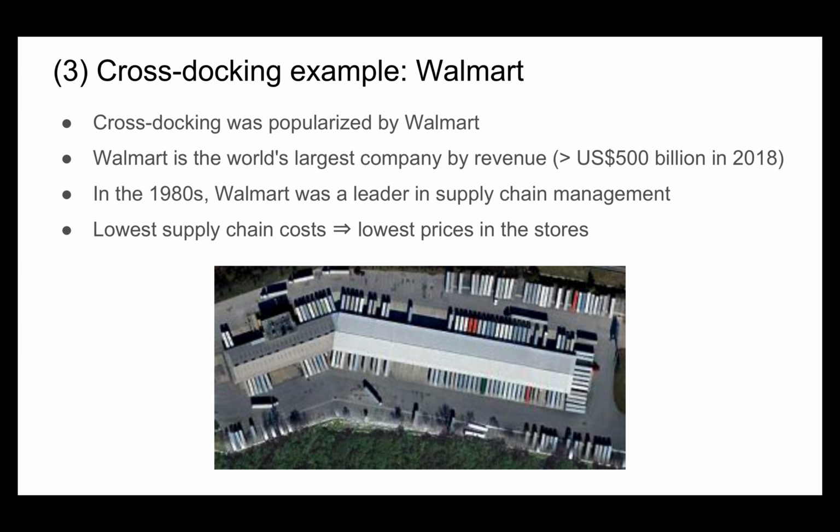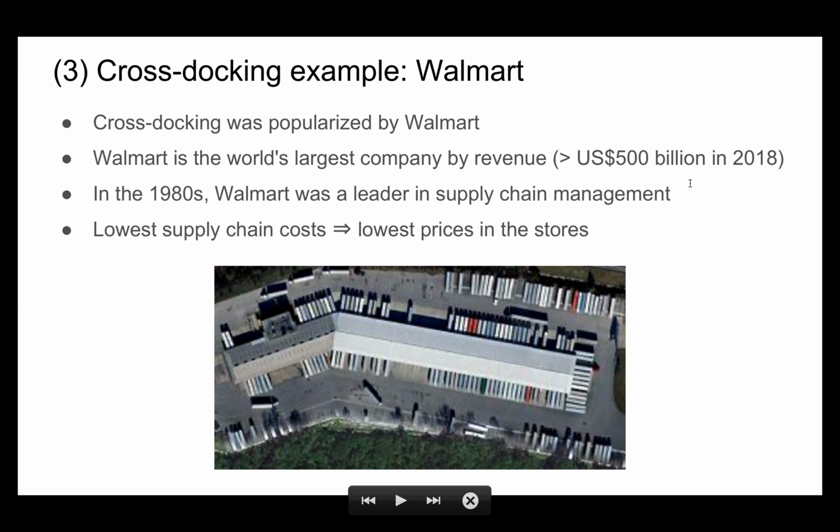As an example of a company which uses cross-docking, Walmart is perhaps the most famous example because cross-docking was popularized by Walmart. In Hong Kong, I don't think there is a Walmart store, but Walmart is very big in the US and in many other countries. In fact, Walmart is the world's largest company by revenue, with a revenue of more than $500 billion in 2018.